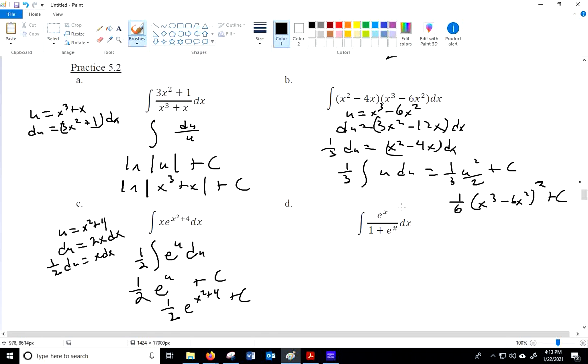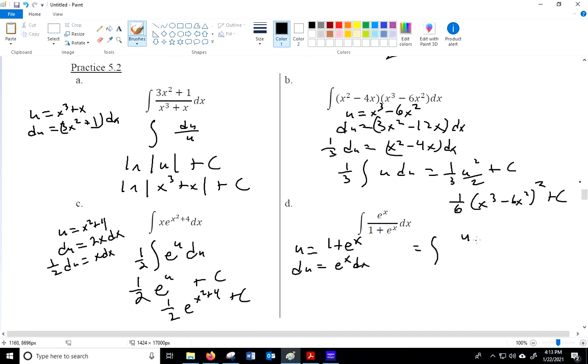The integral of e to the x over 1 plus e to the x dx. I'll let u equal what? The top or the bottom? Well, the bottom has a derivative of the top, but the top does not have a derivative of the bottom. So let's let u be the 1 plus e to the x, making the derivative just e to the x dx, which is perfect for u substitution.